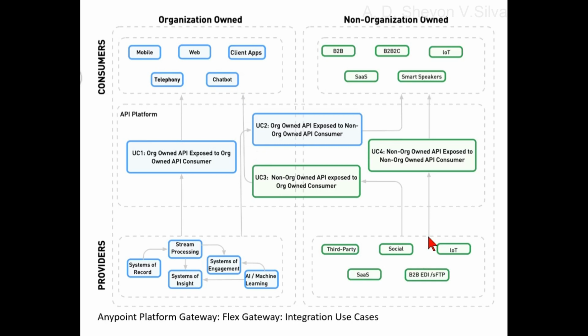And here the providers in non-organization owned are connected to use case 4, non-org owned API exposed to non-org owned API consumer, and it is connected to non-org owned consumers. And here you can see use case 1, use case 2, use case 3, and use case 4 are in the API platform here.